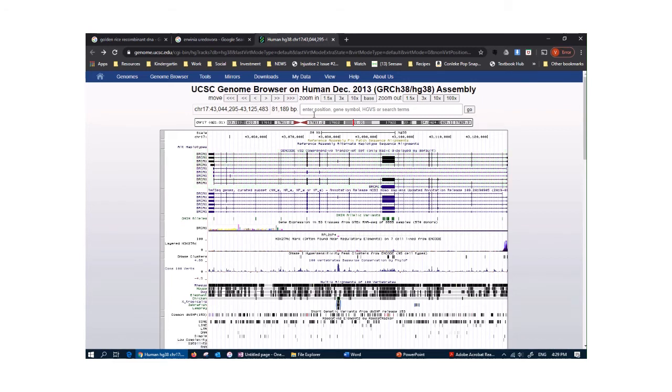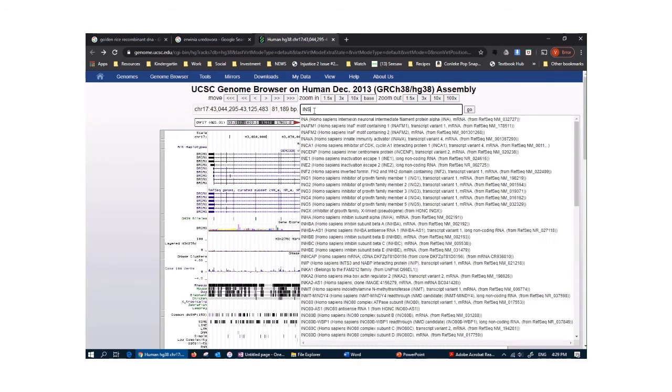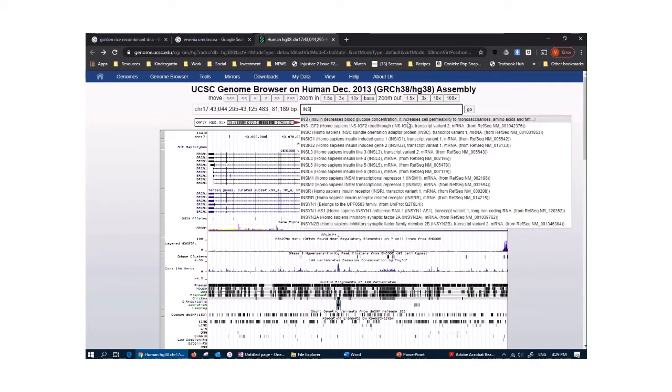So we were talking about insulin earlier, so I'm going to key in the insulin gene. I happen to know that it is INS, and there's going to be a bunch of things here, but this is the one I want, right? INS, insulin, decreases blood sugar concentration. It actually tells you what the function of the gene is.